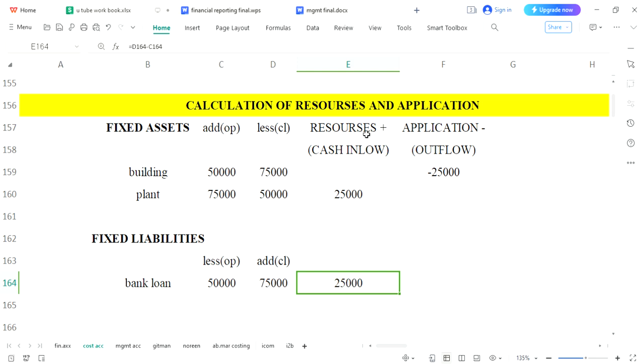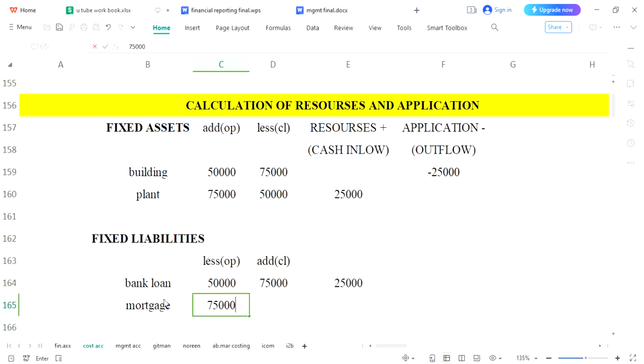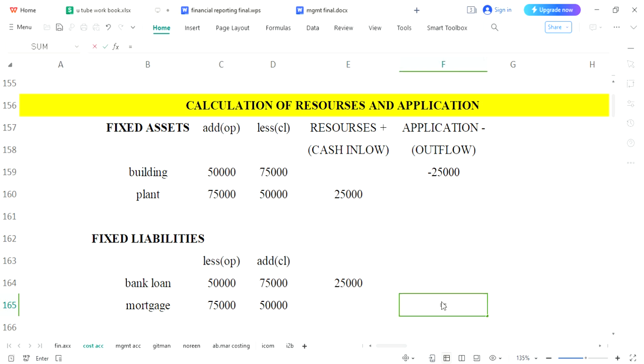So you will write it in resources if the final sign is plus. In a similar manner, let's say you have a mortgage which is a fixed liability. 75,000 was opening, 50,000 was closing. You see that closing had the sign add. So this would be added and then minus sign with 75,000, and you have got a minus sign, which would be written in application.